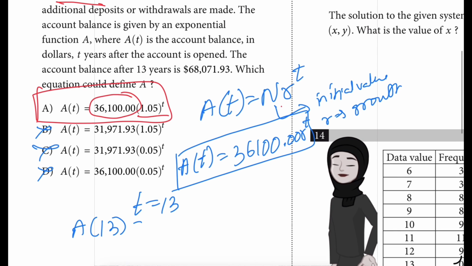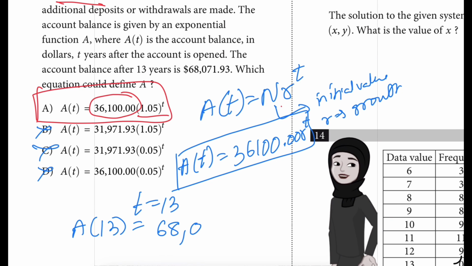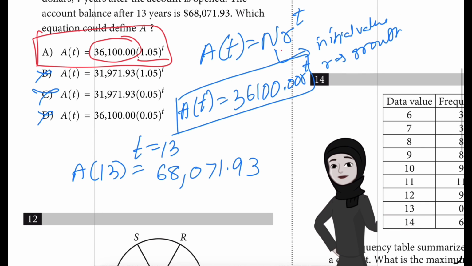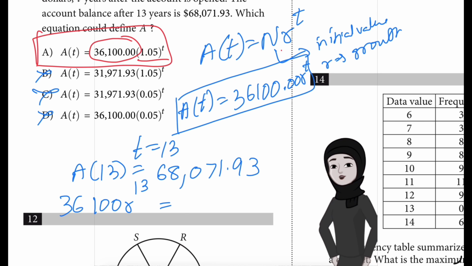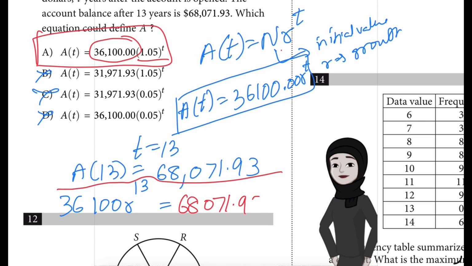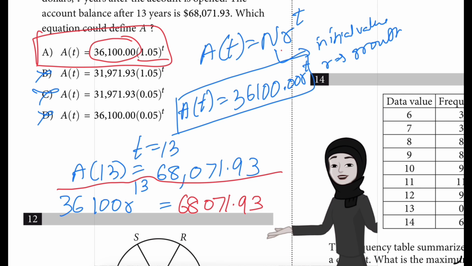$68,071.93. That means A of 13 is equal to $68,071.93. So that means we can take this 36,100 r raised to the power of 13 and equate it to 68,071.93. To solve for r, we can divide both sides by 36,100.